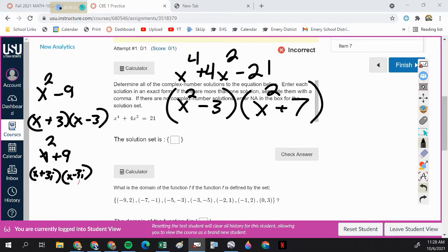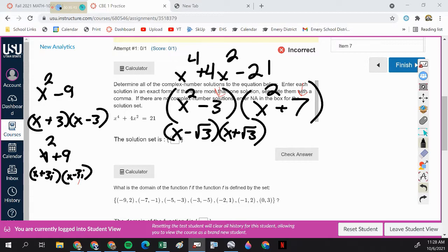Okay? So we have the same idea going on here, but 3 and 7 are not perfect squares. So we just square root it and call it good. So this one is going to be x minus root 3 and x plus root 3.